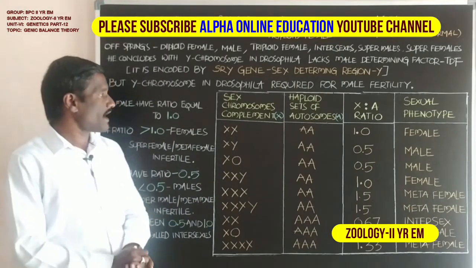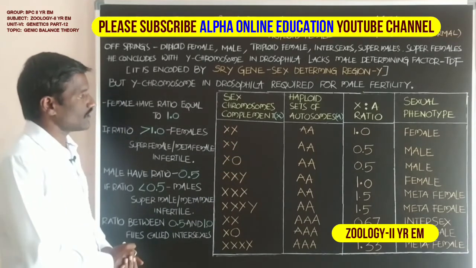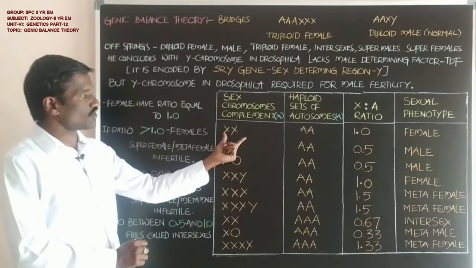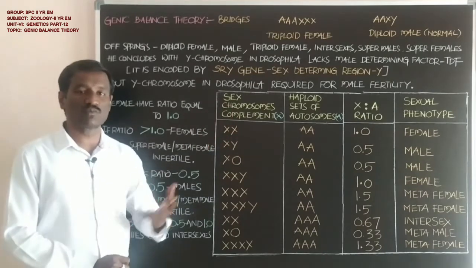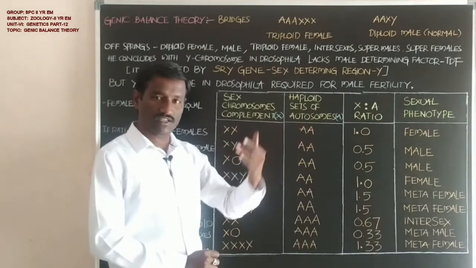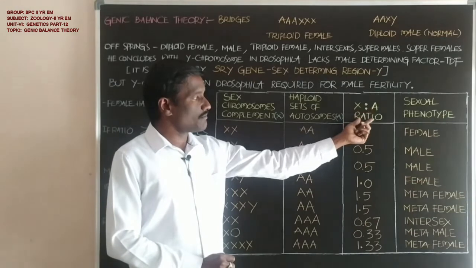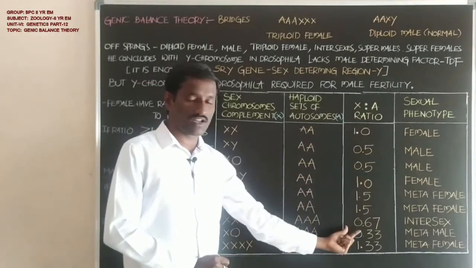Okay, students. Next, there is a table that shows the different sex chromosome complements received by the offspring or zygote, and the sets of autosomes present in the zygote, and the X by A ratio.